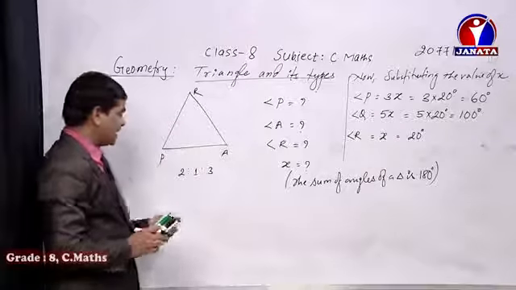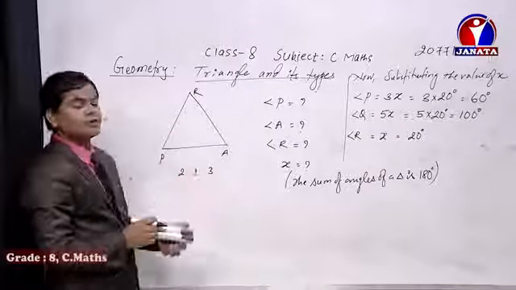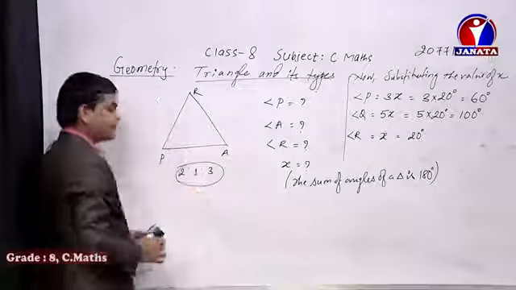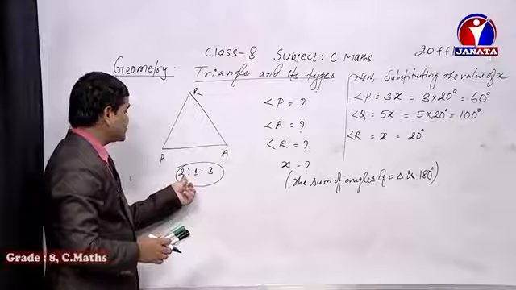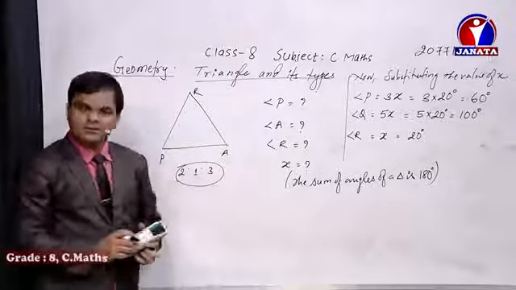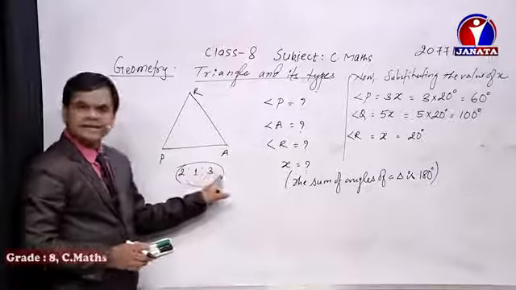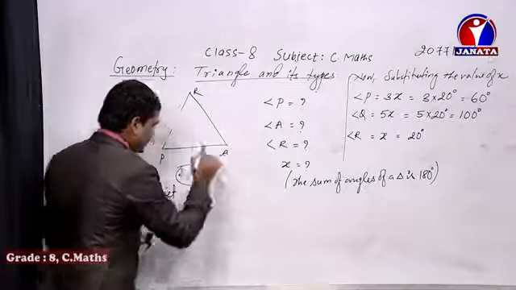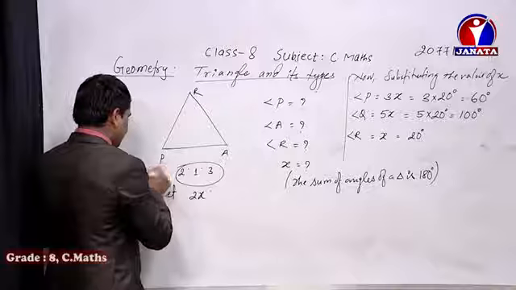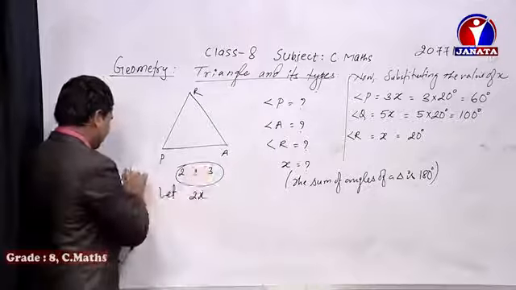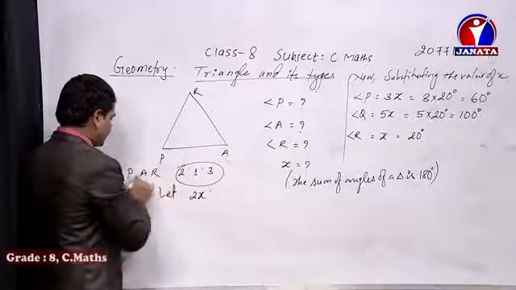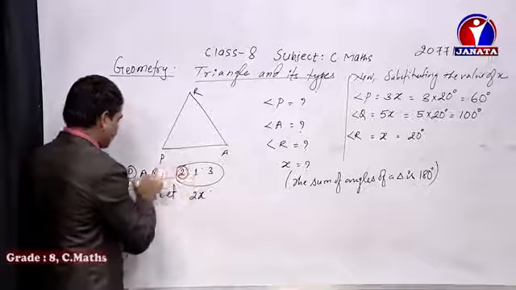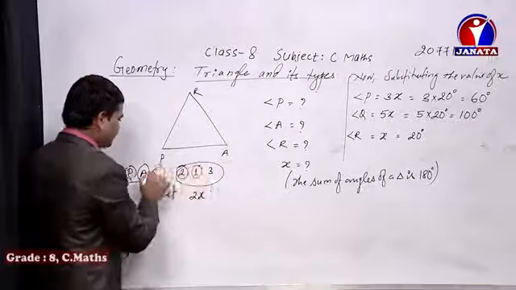If the question says to find them, then what we have to do is, if the ratio of the three angles of a triangle is given, suppose the ratio parts with x: 2x, 1x, and then 3x. That means the first angle will be 2x, and the second angle will be, for example, the ratio is given like this: P, A, and R. P belongs to 2, A belongs to 1, and R belongs to 3.